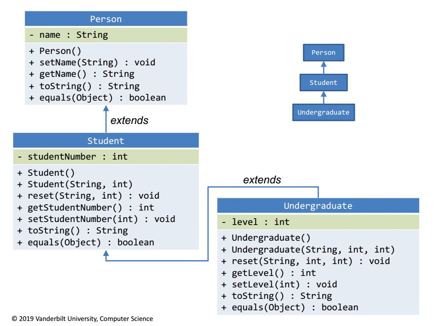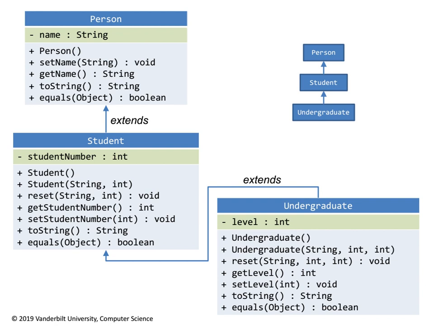So notice, even though now undergraduate contains significantly more than person, because it also contains what was added in student and what was added in the undergraduate class, it's not dramatically larger than the rectangle for person because we are only incrementally growing and incrementally extending each of these classes.